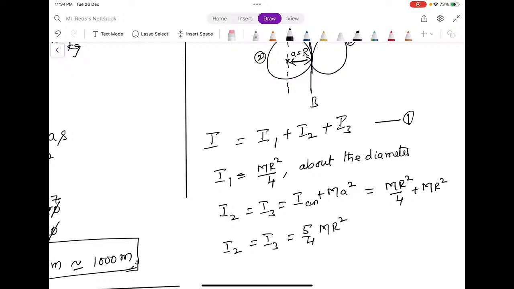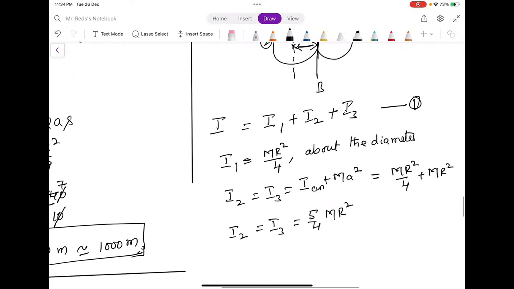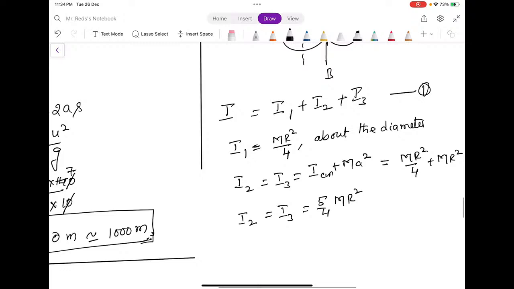Now the total moment of inertia of the system is equal to the sum of these moments of inertia. So I is equal to I1, which is mr square by 4, plus I2 and I3, which are equal, so 2 into 5 by 4 mr square.